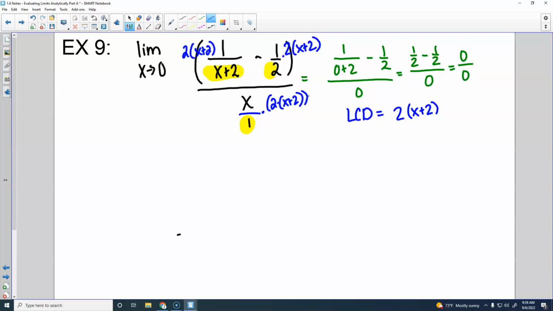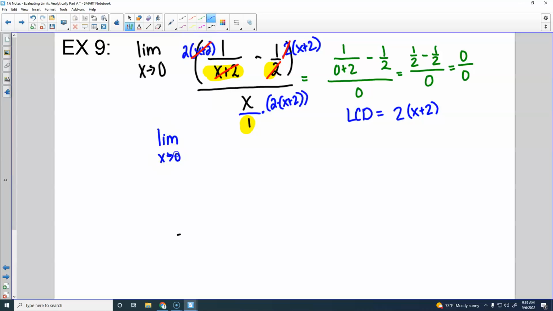All right. So for that first term, x plus 2 would cancel. For the second term, I got a 2 on top and bottom that will cancel. Will anything cancel for the denominator here? It will not.